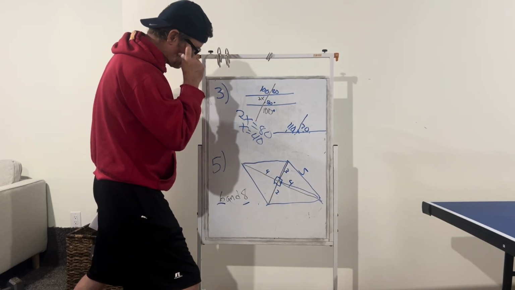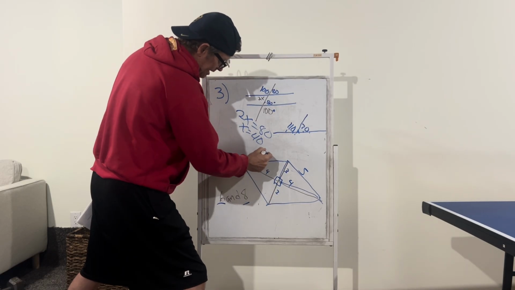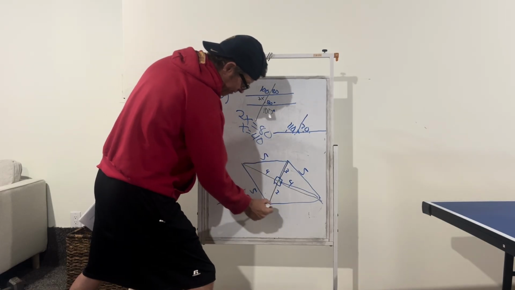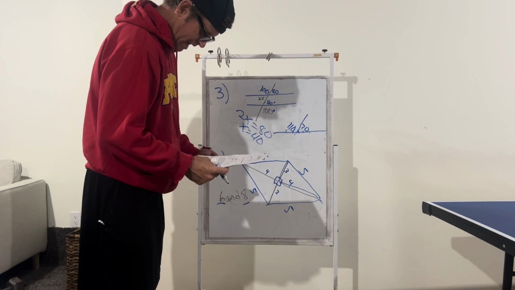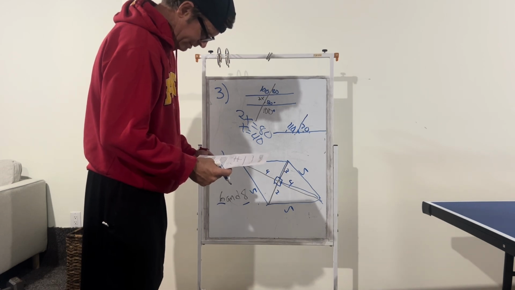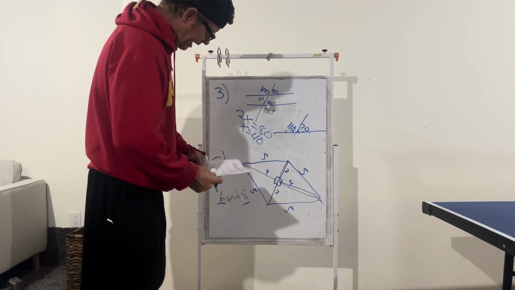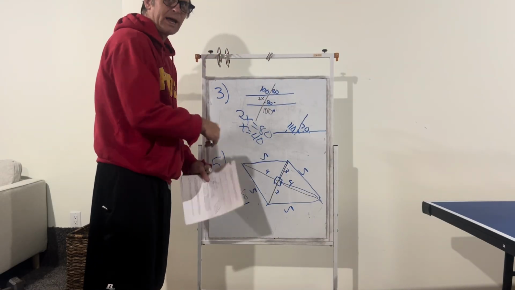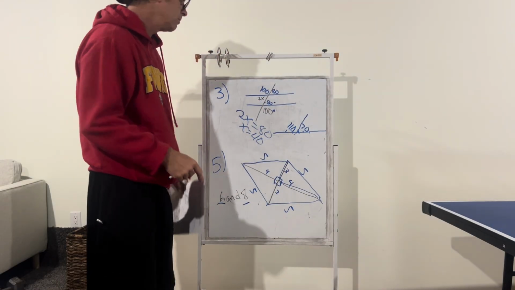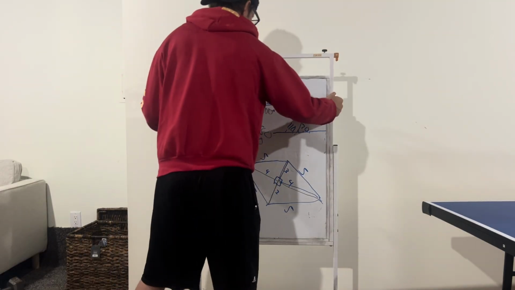Should know your Pythagorean triples. This is 5. This is 5. This is 5, and it's asking for what's the perimeter, okay? So the perimeter would be 20. Now obviously I gave you different numbers for your problem, but that would be that.